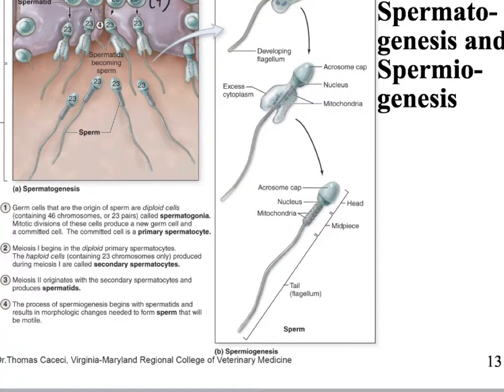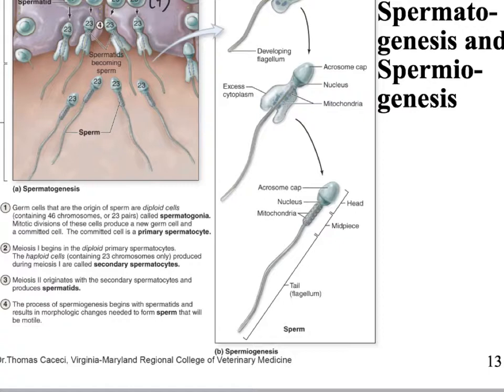It has binding proteins and enzymes that will help dissolve the zona pellucida for fertilization to occur. Underneath that is the nucleus where all the DNA is, and the mitochondria are collected in the midpiece to produce energy for motility. There's also development of the tail, or flagellum, that will help with motility.